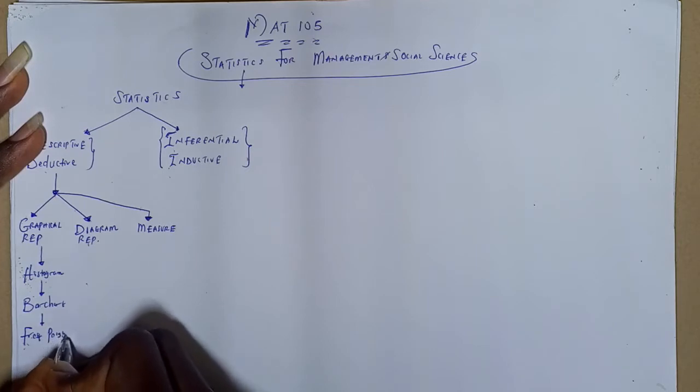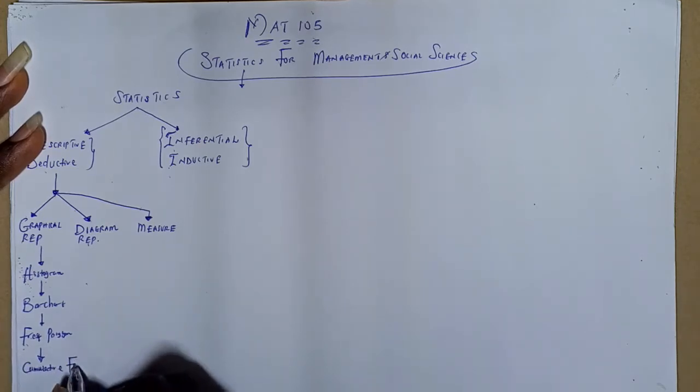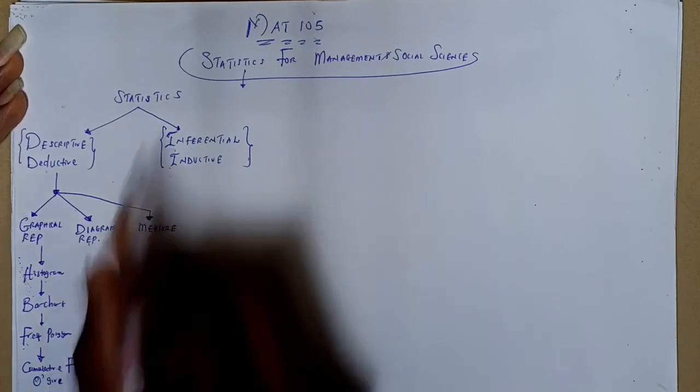And again, we also have the cumulative frequency curve. Take note. This cumulative frequency curve is also known as what? Ogive. This is part of the MCQ, multiple choice question. Please take note of them.